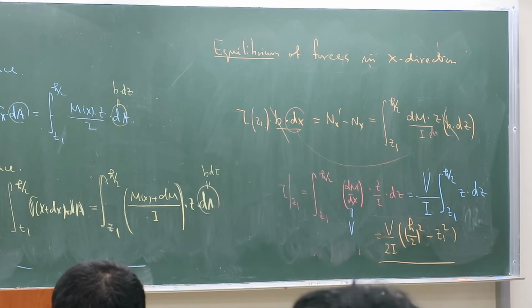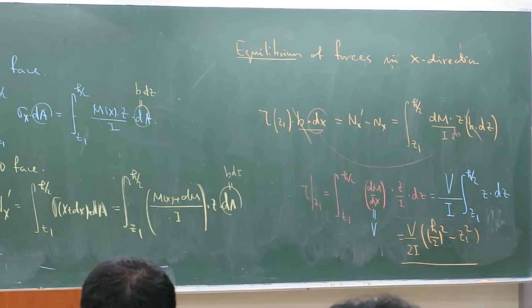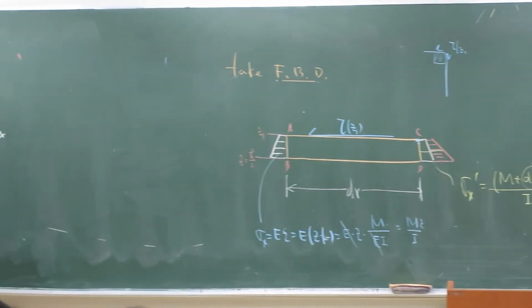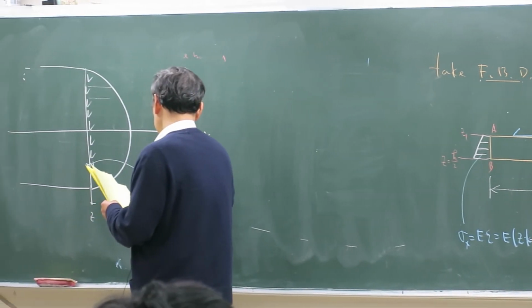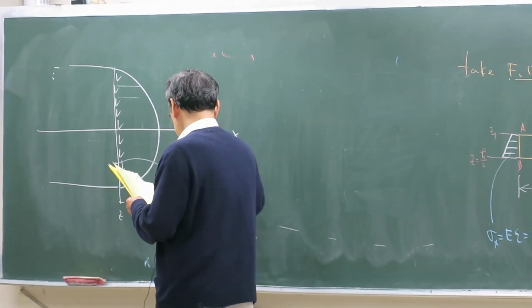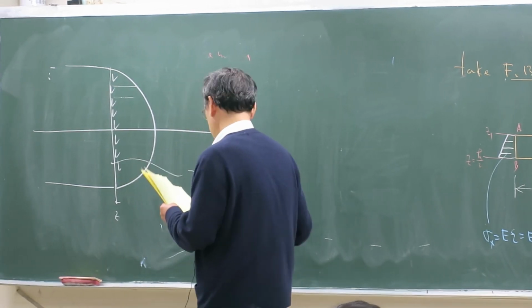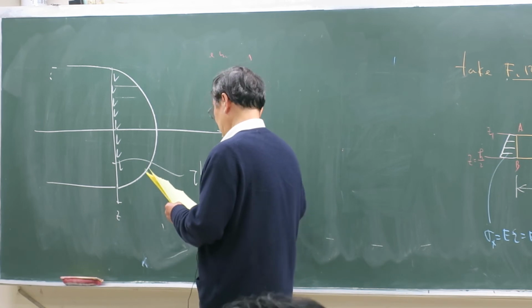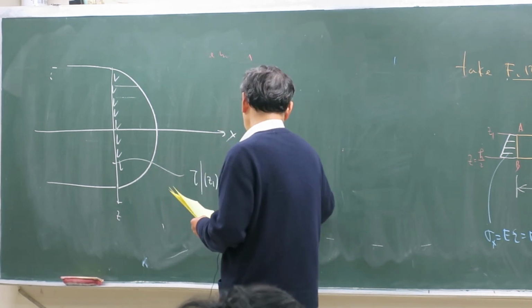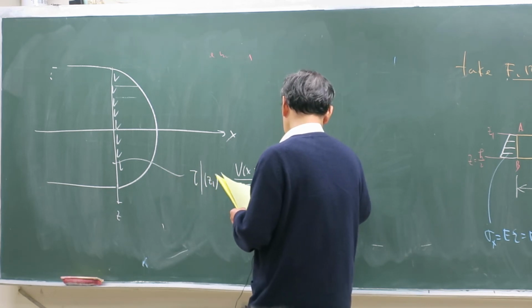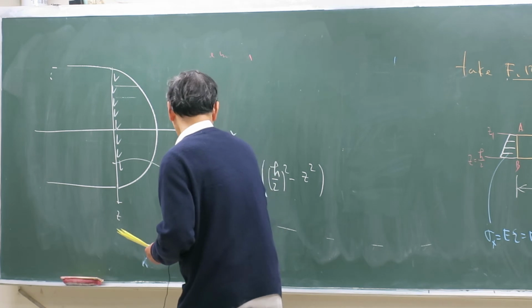This is my x, and this is my z. The shear distribution is like this. The stress at z1 is equal to V divided by 2I times (half h squared minus z squared). You can take out the z1.